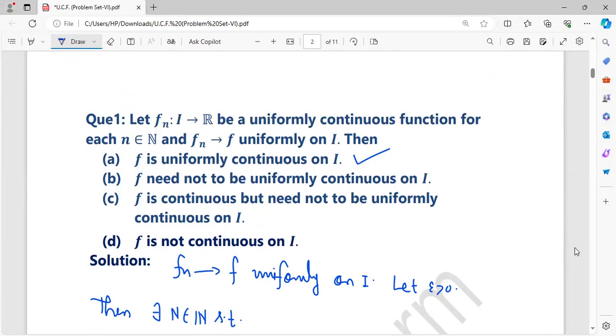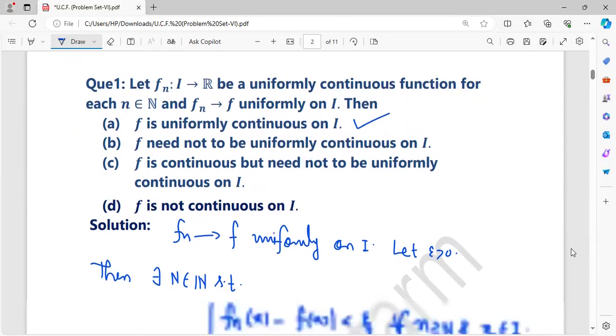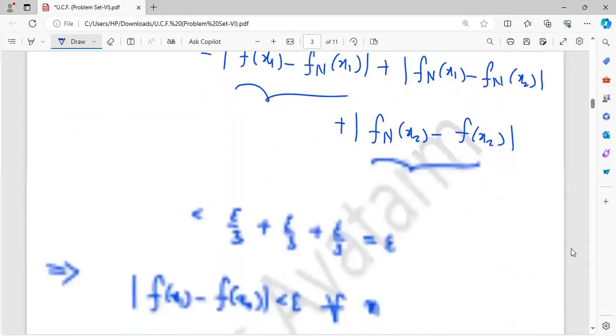Other options are not correct, because every uniformly continuous function is continuous and the uniform limit of continuous functions is continuous. So option D is not correct. C is not correct because it is uniformly continuous. So option A is correct: f is uniformly continuous on I. We have verified it.